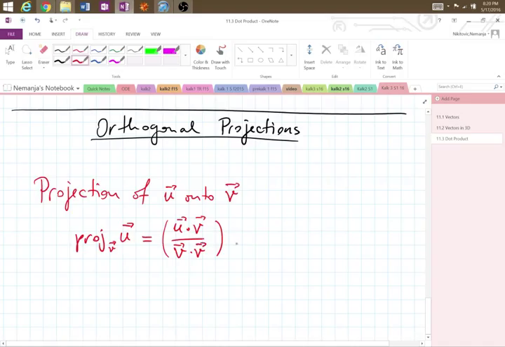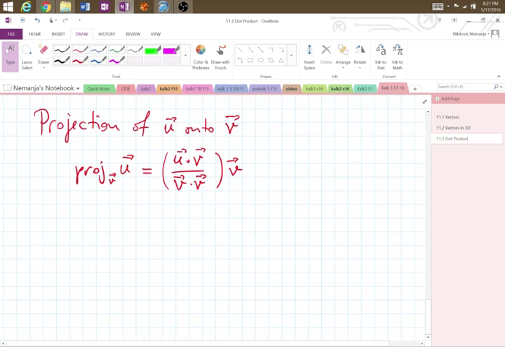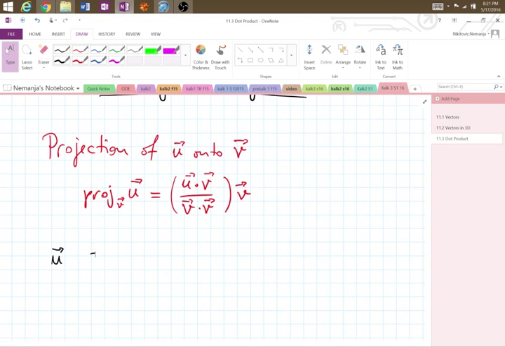And then times vector V. So let's see, 2-dimensional case, 3-dimensional cases. Just plug in the formula and just grind through it.